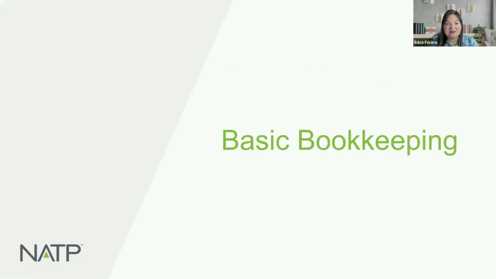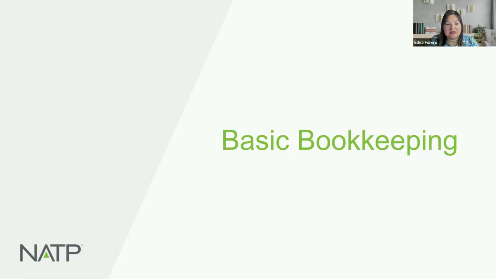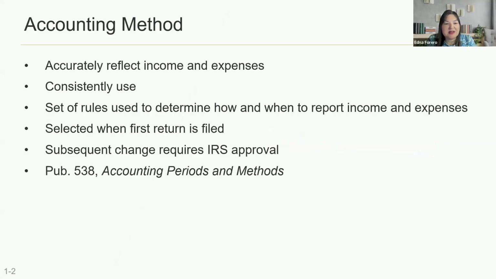Let's get started. Before we prepare any books for our clients, we're going to set up their accounting first, and we really want to make sure that the company chooses an accounting method that works best for them, that accurately reflects what their income and their expenses are.